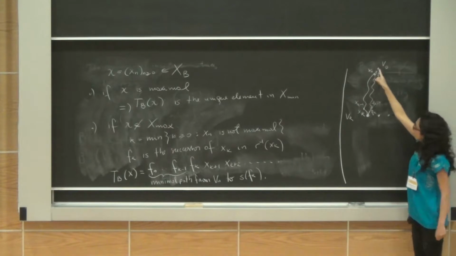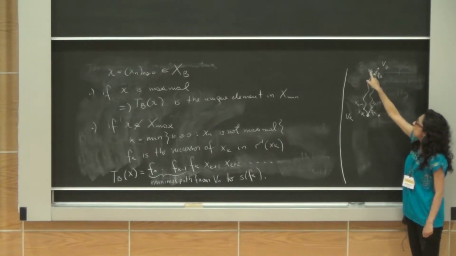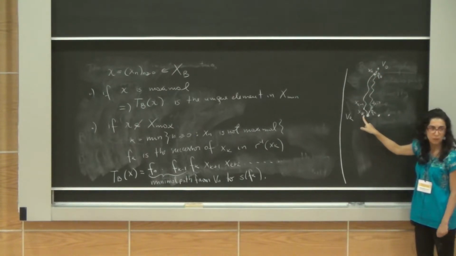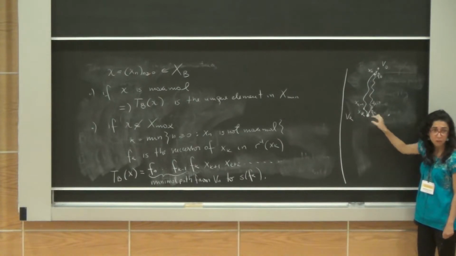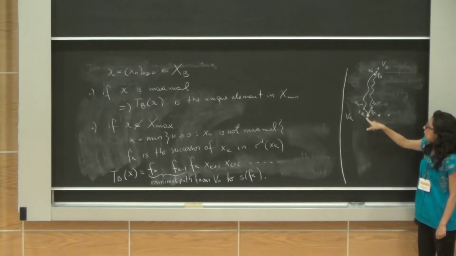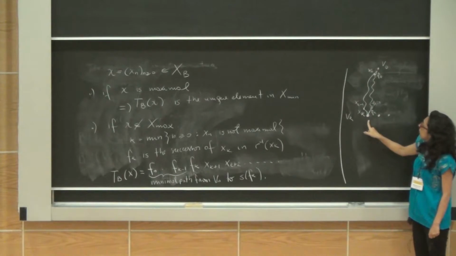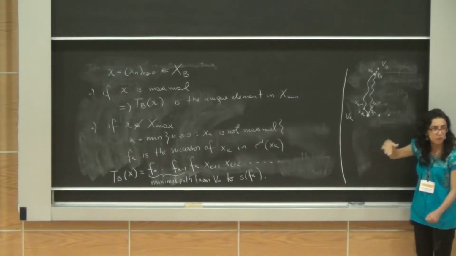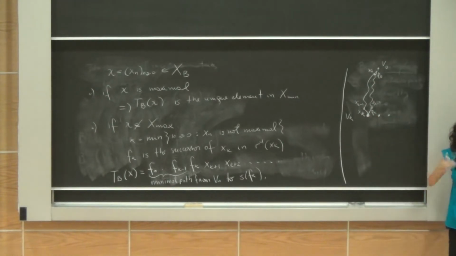We take the successor of the path x0, x1, xk, among the paths that arrive to the same vertex, and we change this path by the successor. And this is the transformation. This is TB.